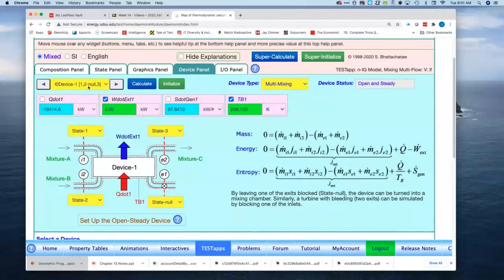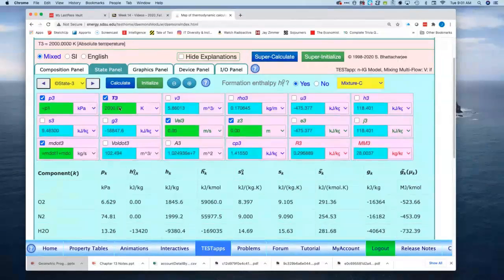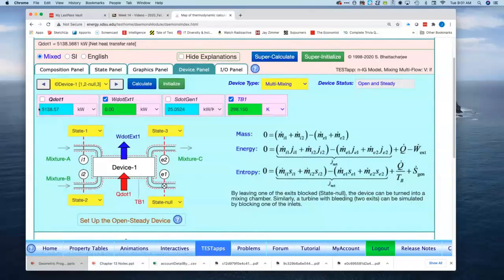So I would write this down for 1,000. And then I would come back to the state panel and I'd say, okay, well, let's see what it is if it's 2,000. And so at 2,000, I'd go to the tables and I'd calculate all the values. I do a super calculate, and I see that it's now a positive number.